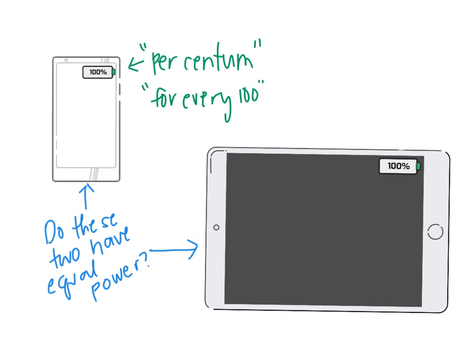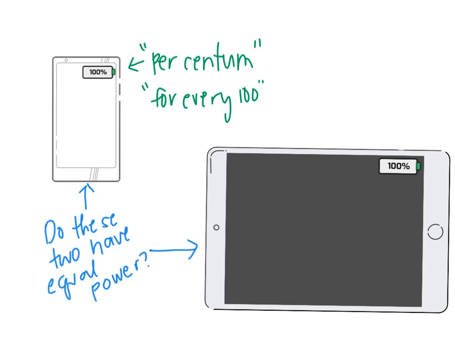If you thought about it carefully, you would probably say they don't, because the smartphone will usually have a smaller screen, will usually need lesser power to run on its own, while a tablet is bigger, has more parts, and usually requires more power.